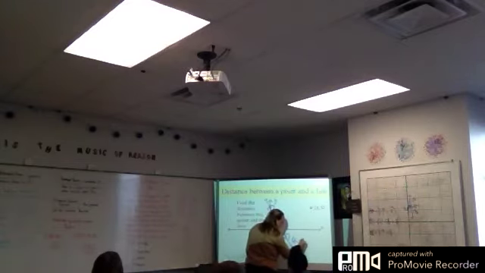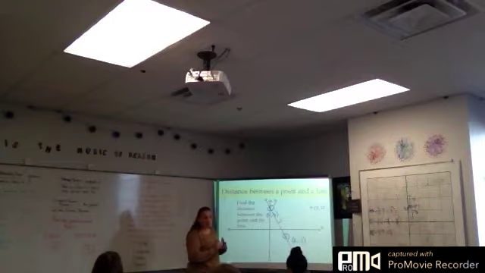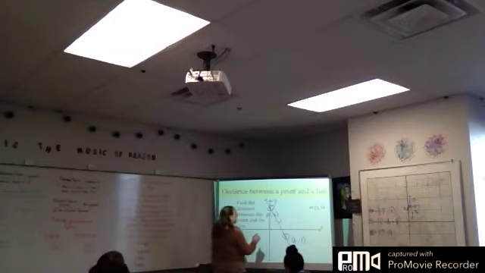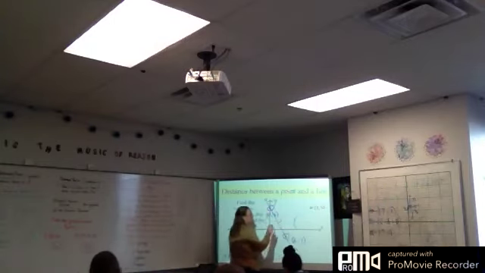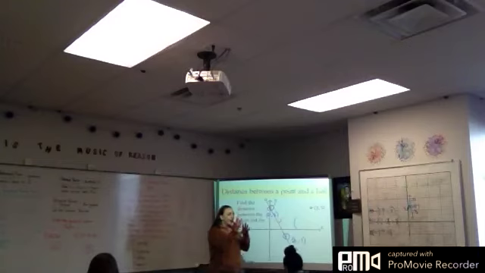How do you find the midpoint of something? It's the big parentheses, x1 plus x2 over 2, y1 plus y2 over 2, because I'm literally finding halfway between both of those x points and both of those y points.